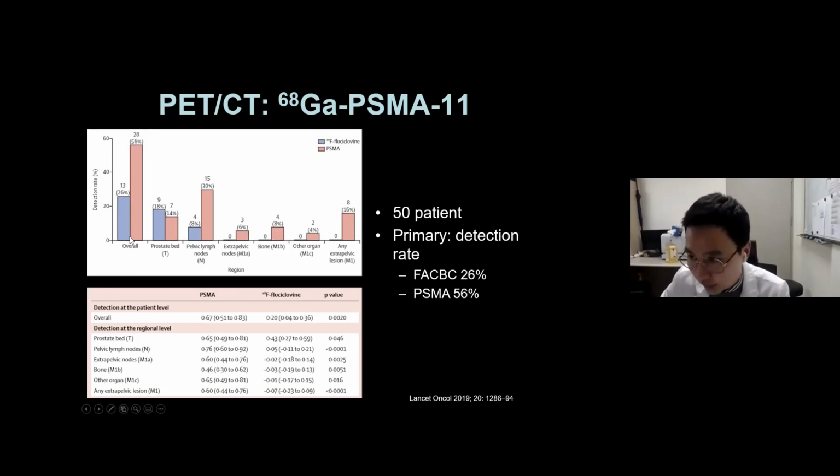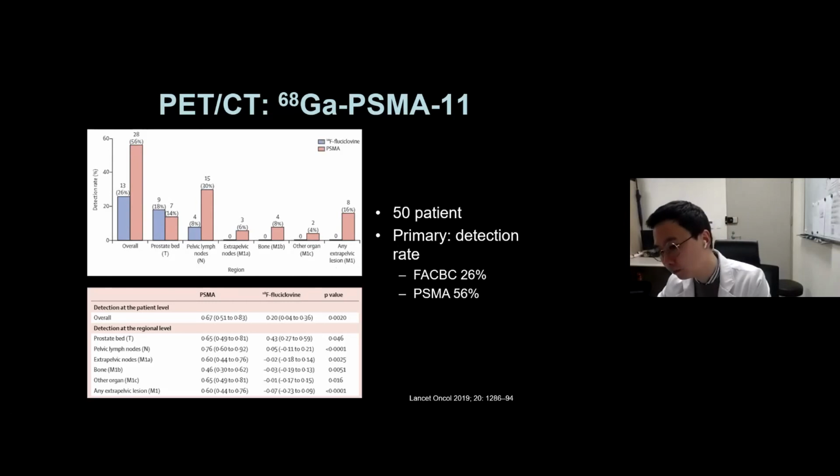And as you can see, mostly overall there was a significant difference, but the more significant was in depicting the lesion in the lymph node or bone and other extra pelvic lesion. But for the prostate bed lesions, the detection rate was similar to the FACBC or lower.